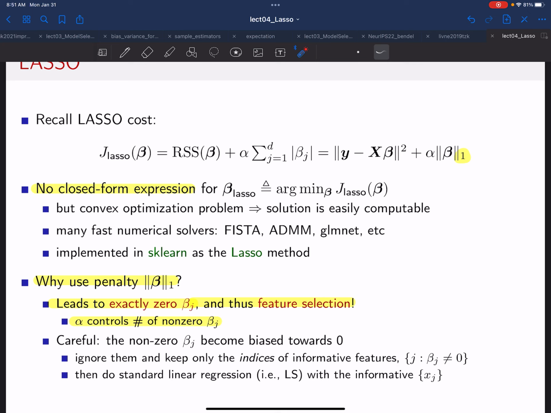And so for this reason, we don't actually want to use them for prediction. So we ignore them, and we keep only the indices that Lasso tells us to keep. If it says keep coefficients 1, 6, and 8, and here are their values, we ignore the values it gives us. We just remember 1, 6, 8. Okay, I'm going to keep those. I'm going to do regular least squares linear regression with those. That's it.